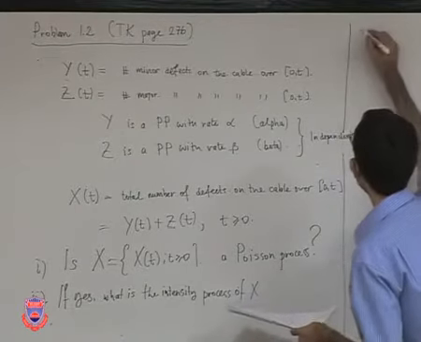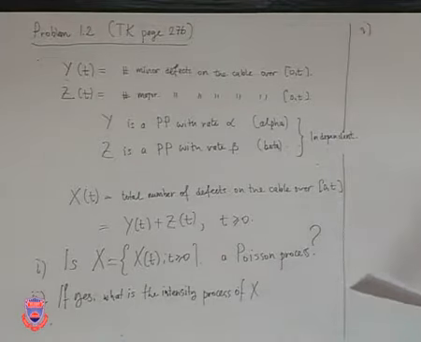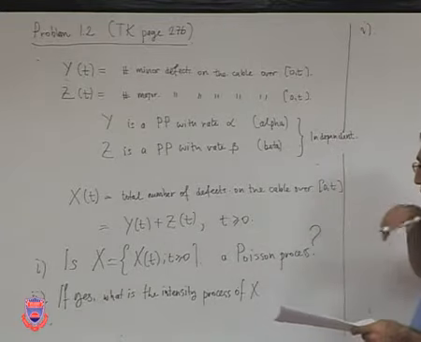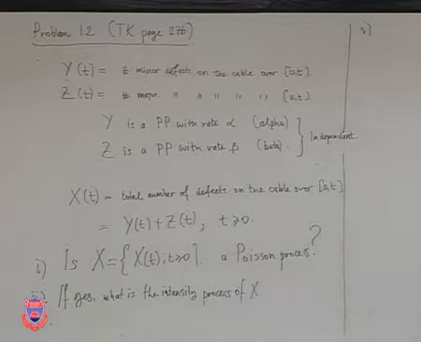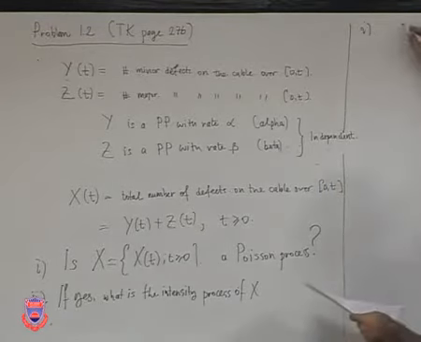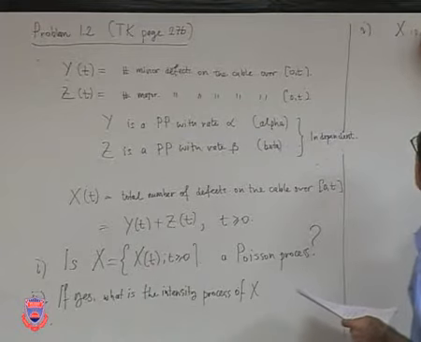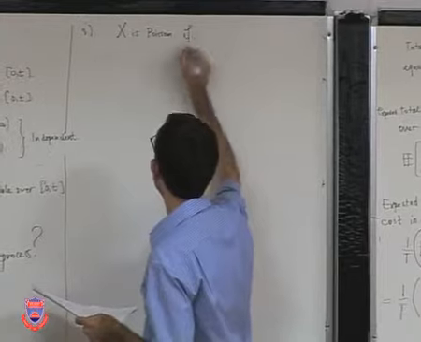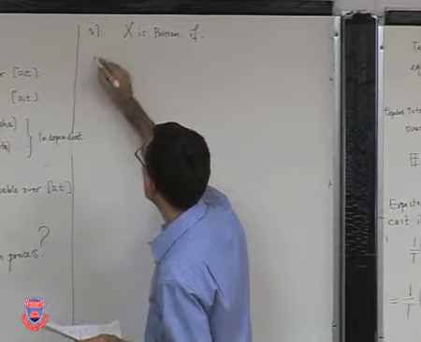If you look at the first part, as I said, to verify that x is a Poisson process, we should check two properties.